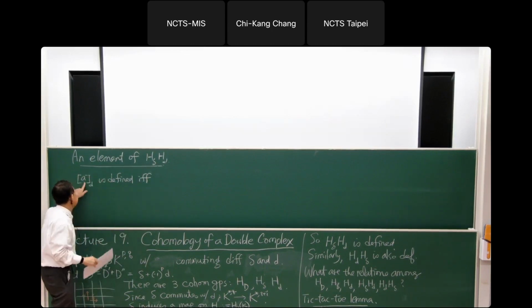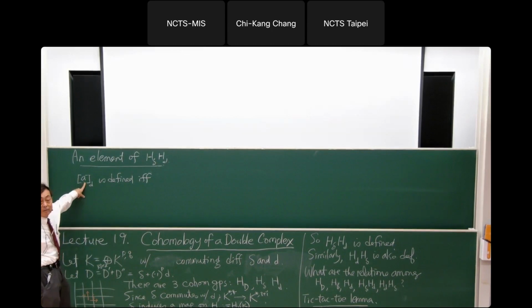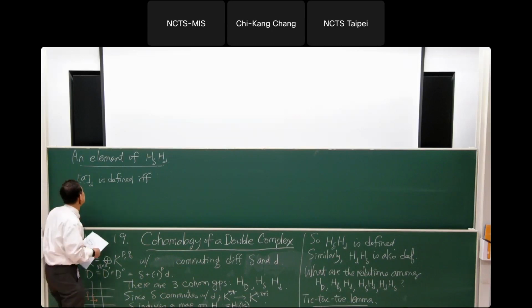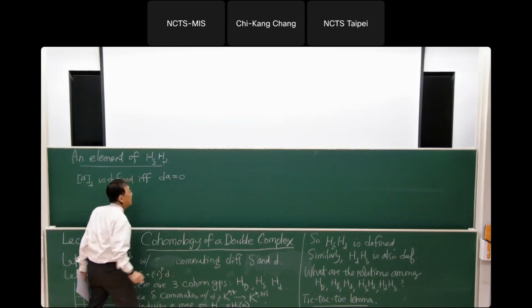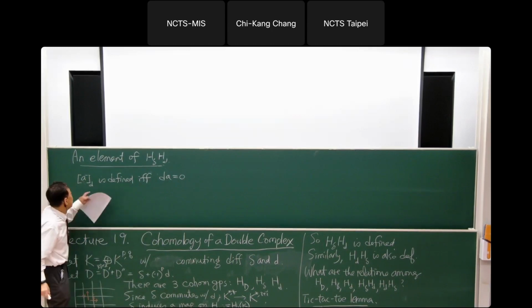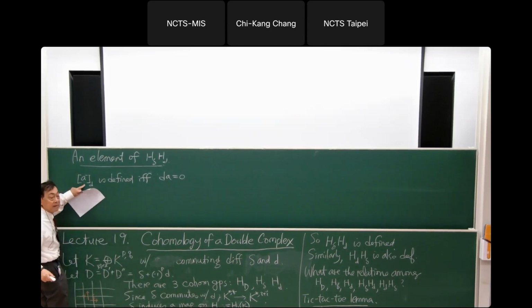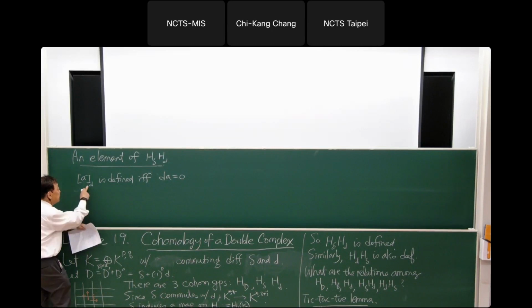The cohomology class exists if and only if it's d-closed, if and only if da is 0. And now you want to take the delta cohomology class of this.